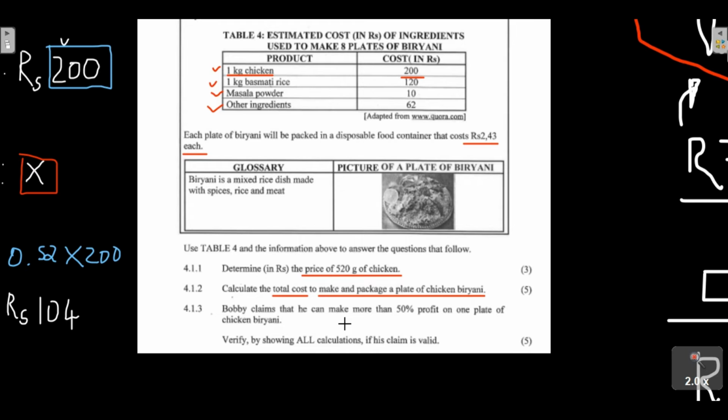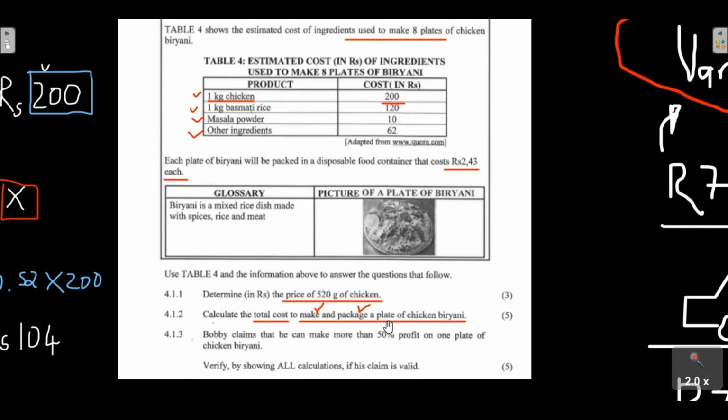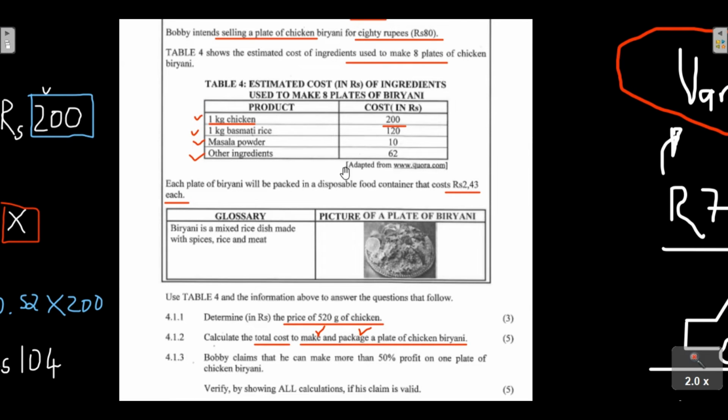We want the total cost to make, first of all, and to package. Remember, the packaging has its own cost. Remember we said that a single food container is actually 2.43 rupees. So that means we should add that to the calculations as well. And this is only one plate of chicken biryani. These are ingredients to make 8 plates, right?